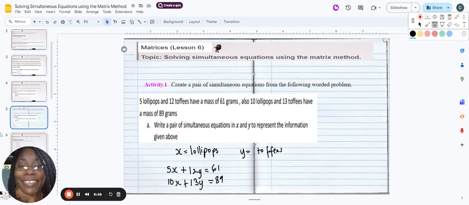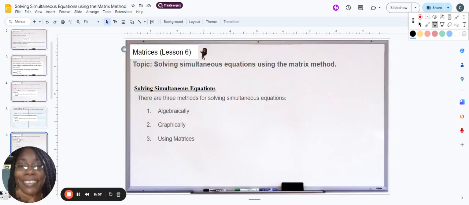All right, so let's dive into the focus questions of this lesson. I want you to appreciate that simultaneous equations can be solved in 3 different ways. So you should have solved them algebraically, but if not, that will be done later on.